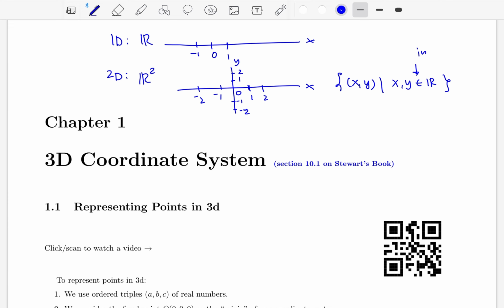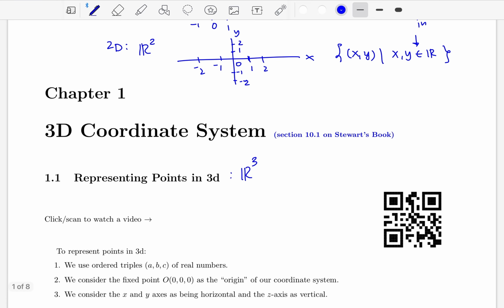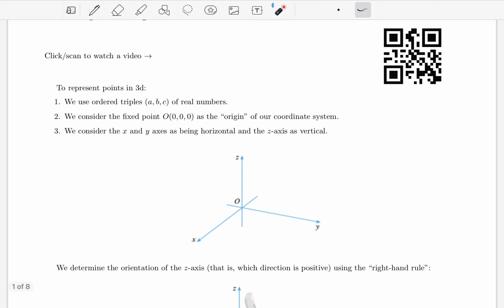Now in 3D, that's what we have to decide, but at least we know the notation will be R3, because now I'm making a third copy of the x-axis. We're going to represent these points using ordered triples.